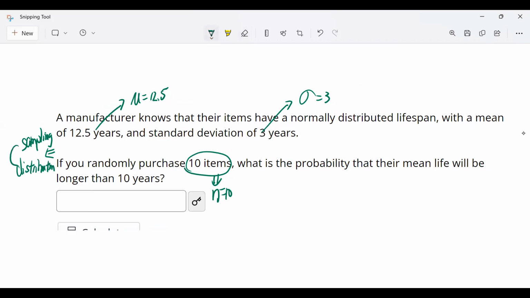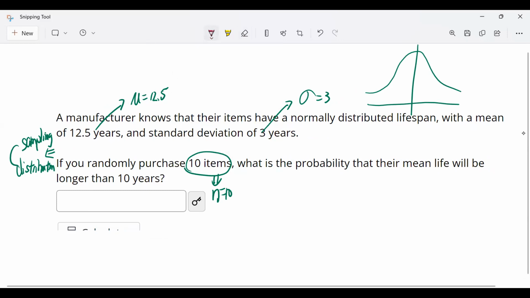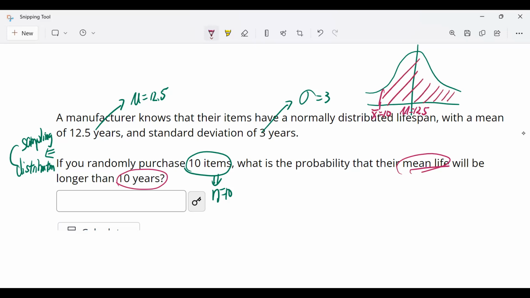So we have a sampling distribution. So still we're going to draw a bell curve, and we're going to put all the useful information here. So mean goes to the center. In this case, it's average life, right? Mean life is average life longer than 10 years. So x-bar, sample mean, equal to 10, and longer than that, meaning to the right. Okay.